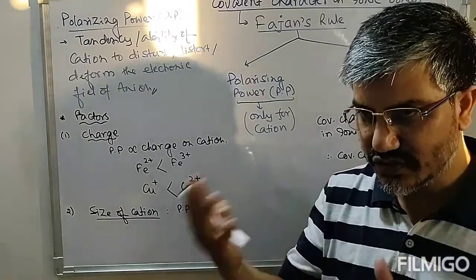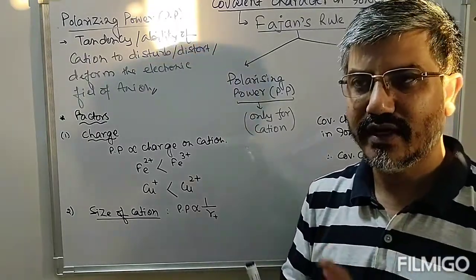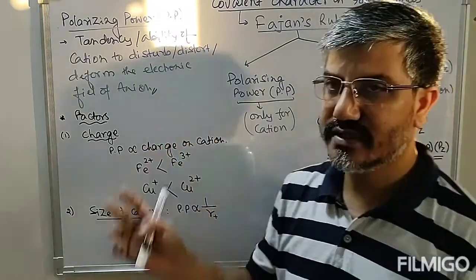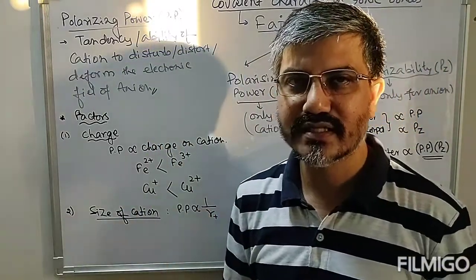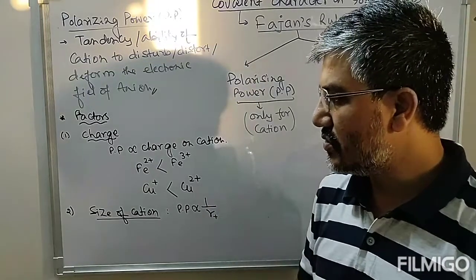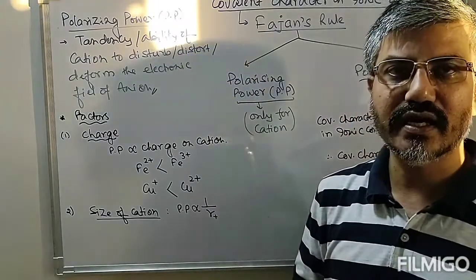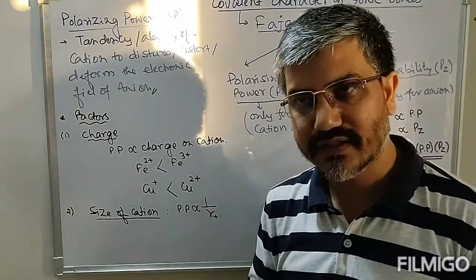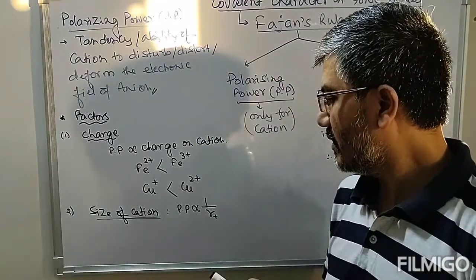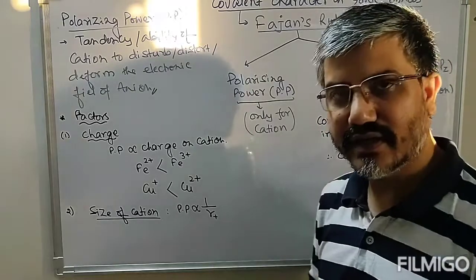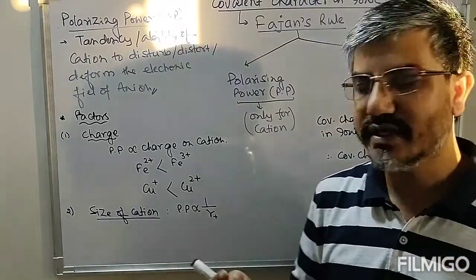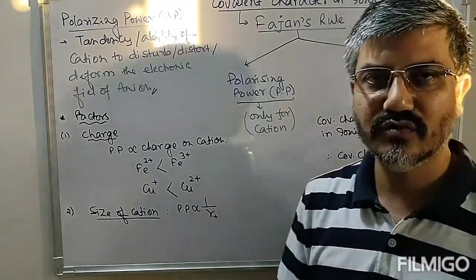That means a larger size cation will have less polarizing power than smaller size cations. So the compounds formed by larger size ions will be more ionic, and the compounds formed by smaller size cations will be more covalent.